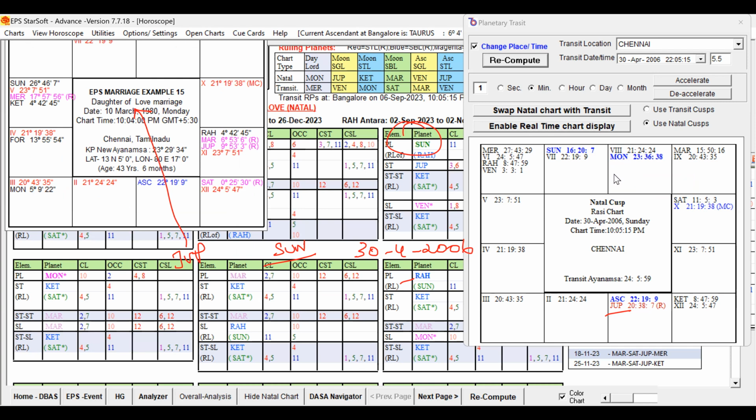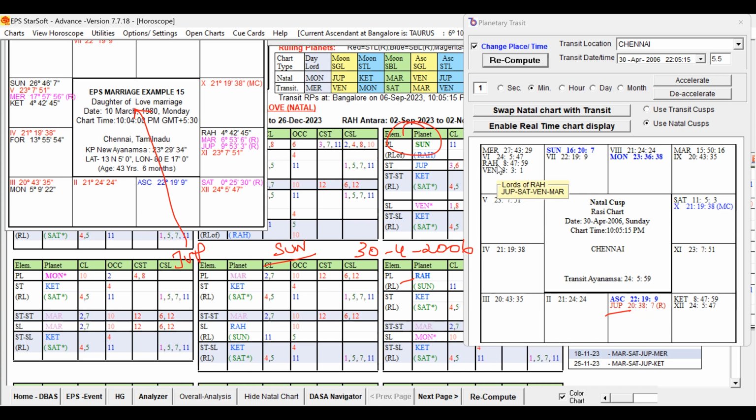Okay. And Dasa Lord is Sun, Bhukti Lord is Rahu. Where is Rahu posted? Rahu conjoined with Venus, and Rahu in the sign of Jupiter, and Rahu in the star of Saturn. Saturn is a strong key planet.